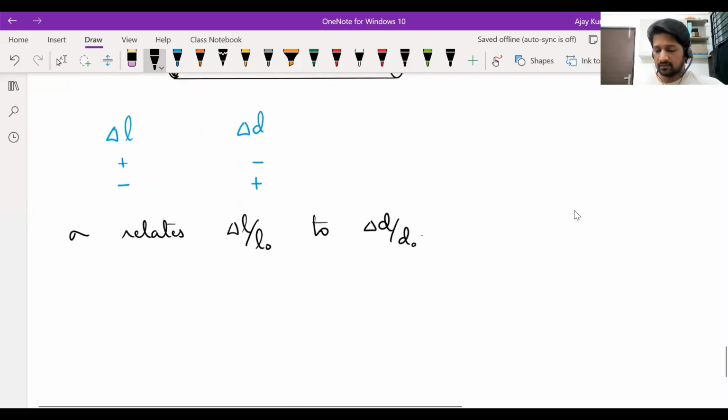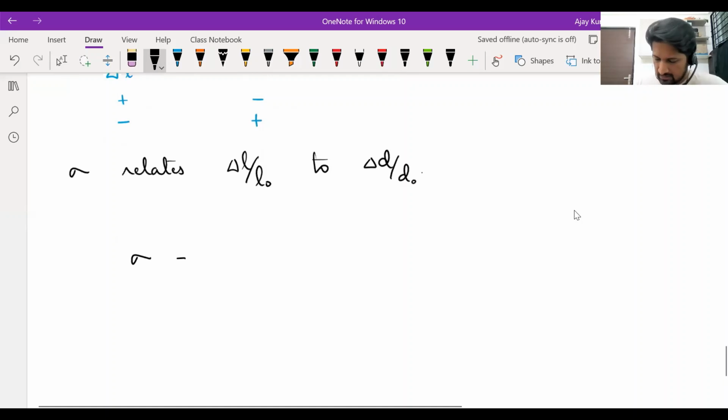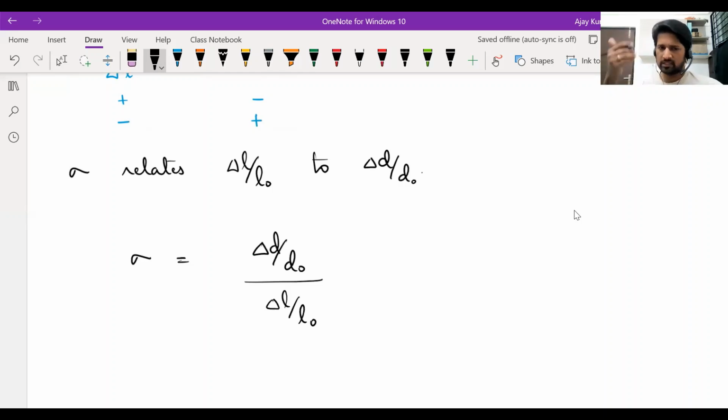And how does it relate? It is the ratio of relative change in diameter to the relative change in length. And you know, when one is positive, the other will be negative. So just to keep this sigma value positive, we include a minus sign. So minus delta D by D naught divided by delta L by L naught. So relative change in diameter divided by the relative change in length.